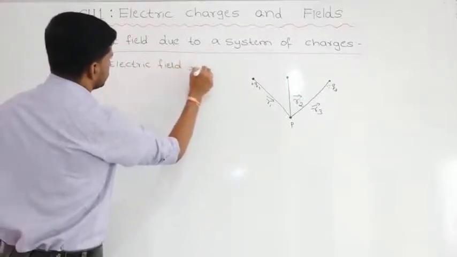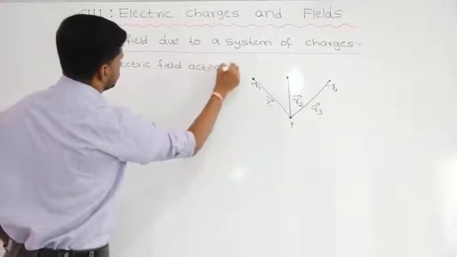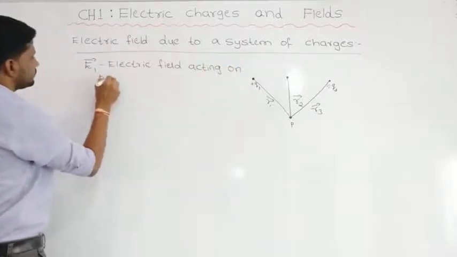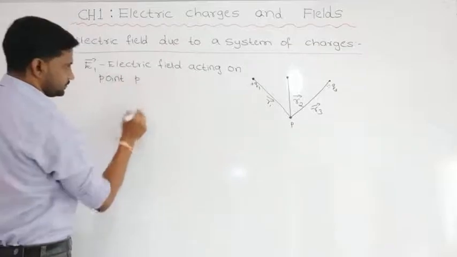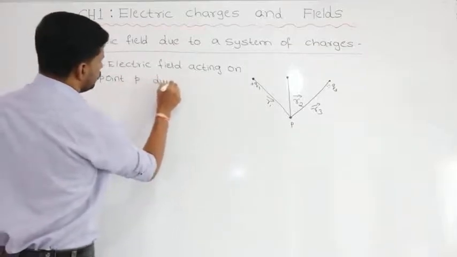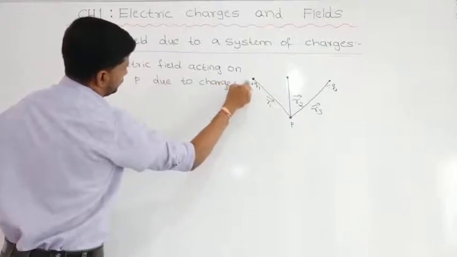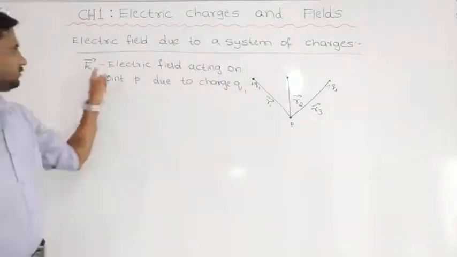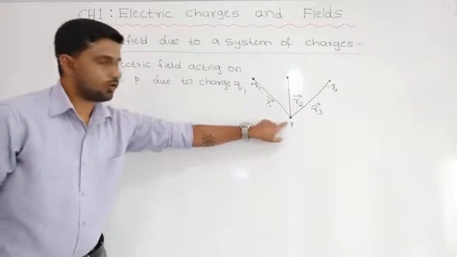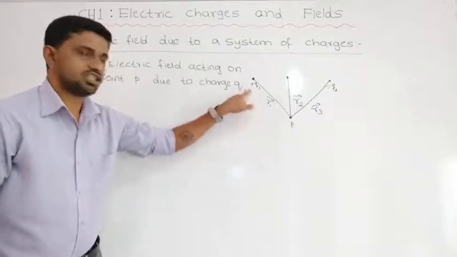So here I am taking E1 vector as the electric field acting on point P due to charge Q1.